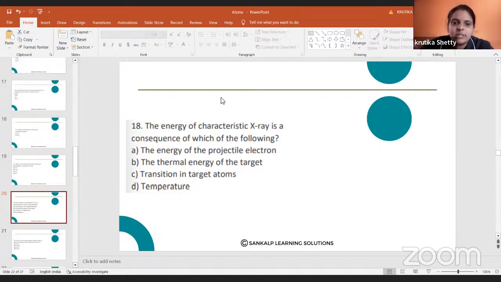Yes. So it is option C, transition in the target atoms. Option C is correct. Okay.